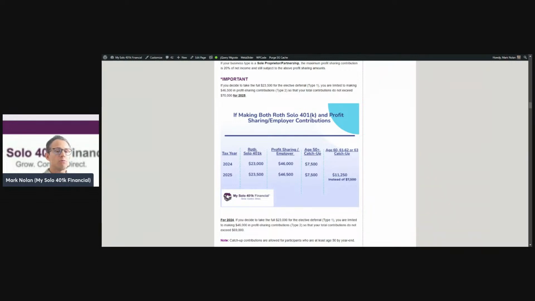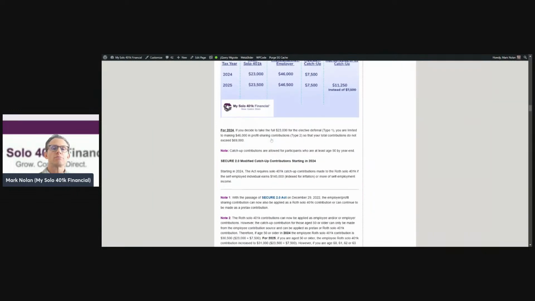And let's say you also want to make employer Roth solo 401k contributions. Well, that's a percentage. And here we're coming up with 46,500 because if you add these two amounts together, it should take you to the overall limit, which is $70,000 for 2025.